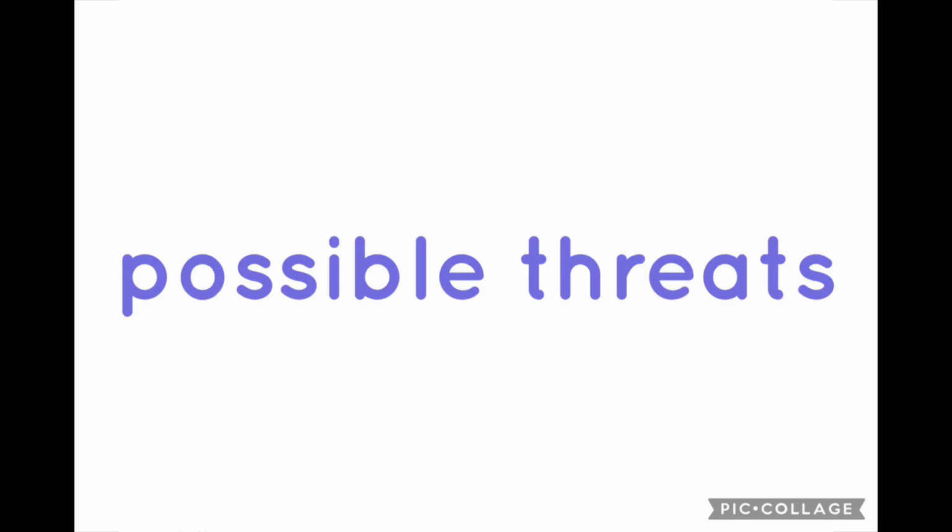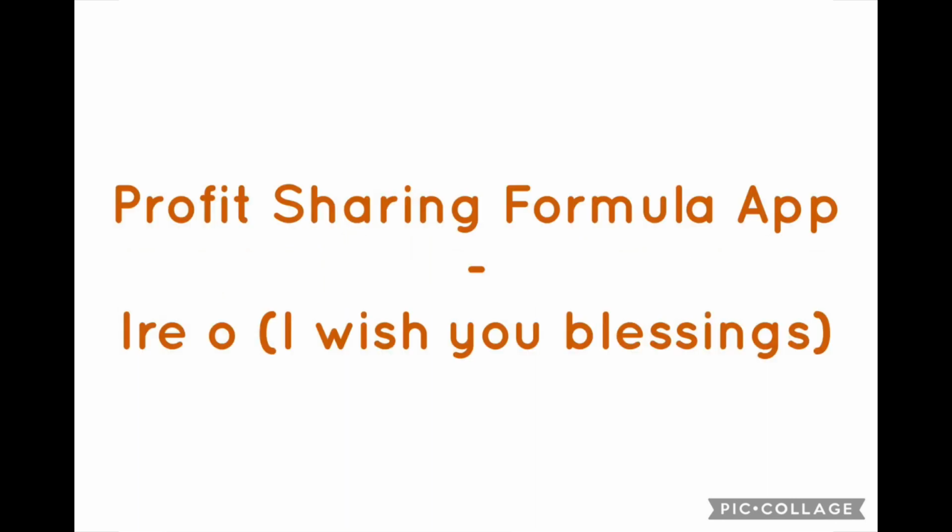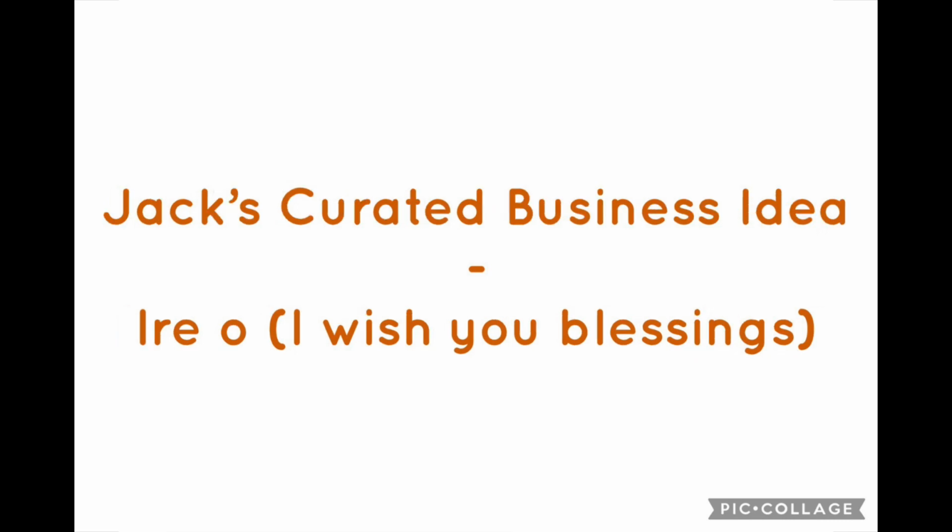Here are some possible threats to creating a profit sharing formula app. There could be trust issues. There could be abuse of process. There could be technical issues. There could be conflict between concerned parties. If due diligence isn't carried out, there could be problems. There could be external factors.